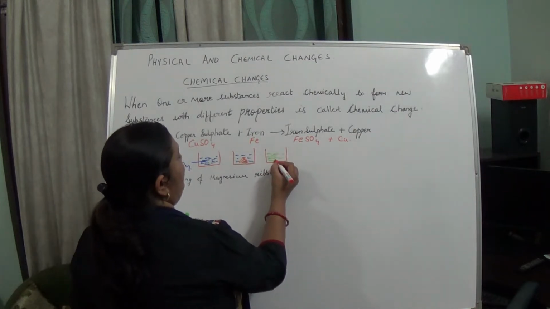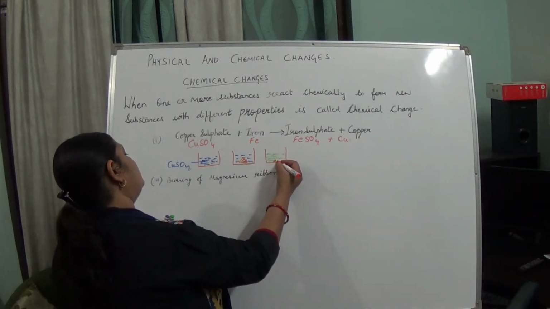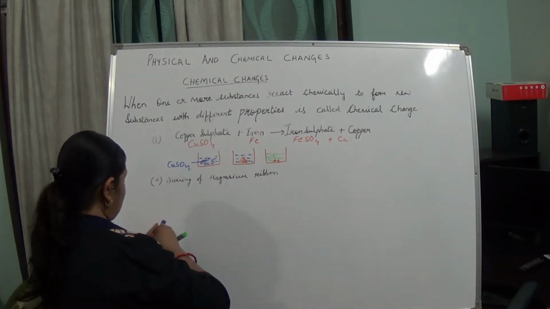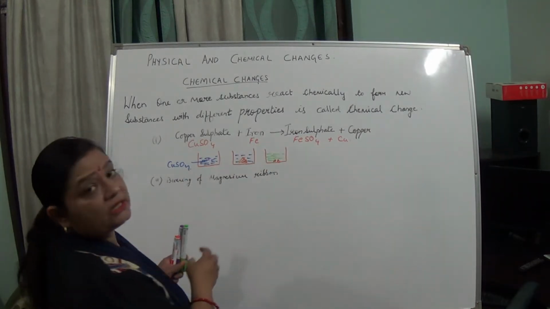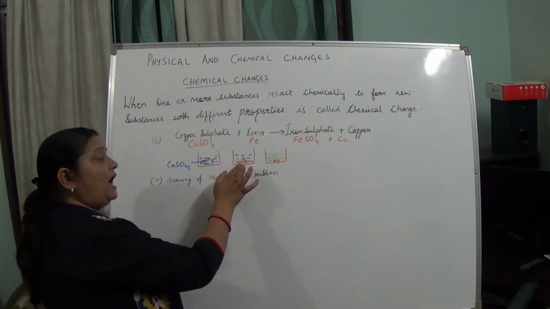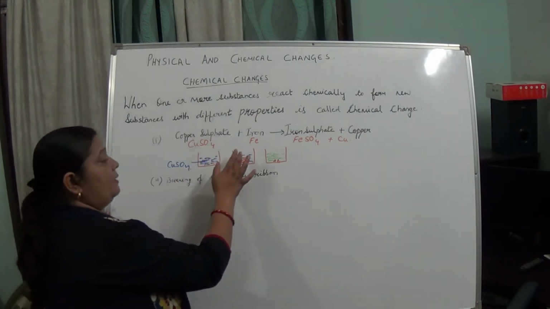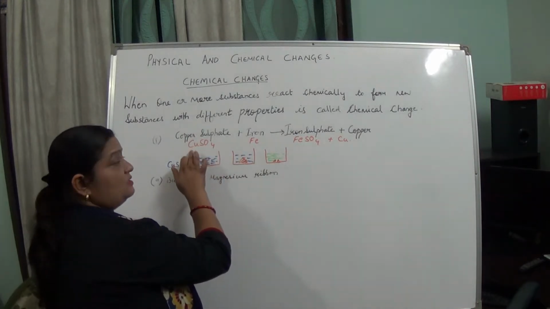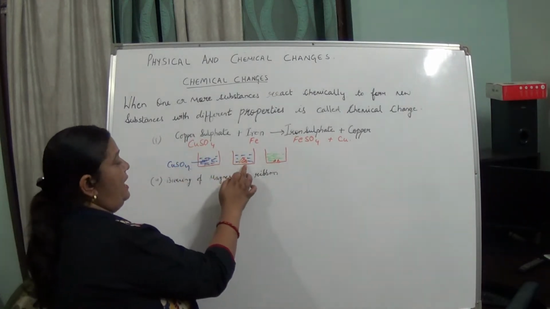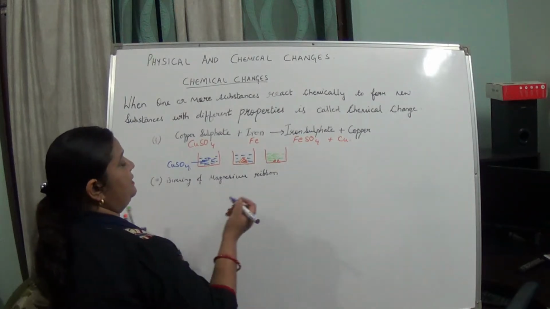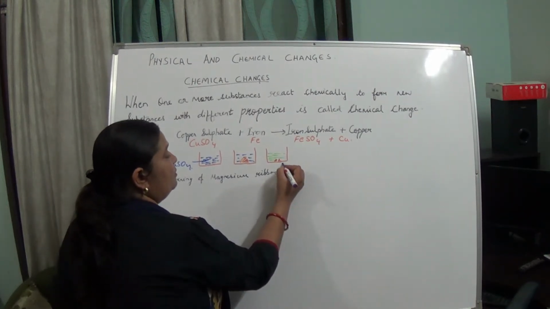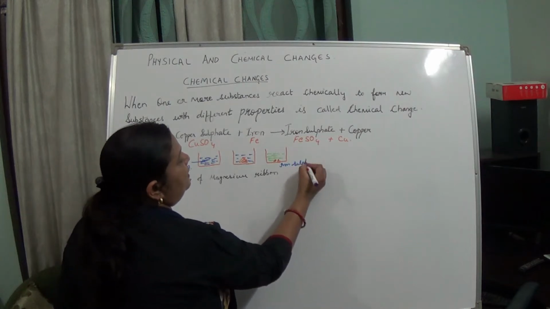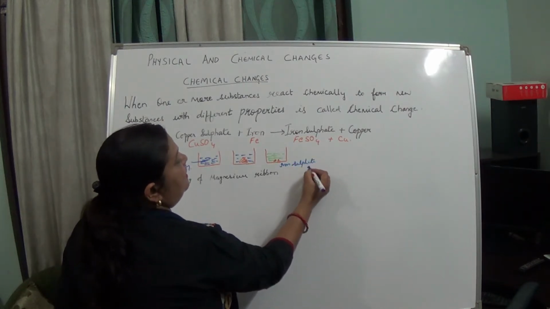And you see now the nails have totally dissolved. This iron nail was placed in copper sulfate. This iron has displaced the copper from the solution, and now iron sulfate has been formed, which is green in color.